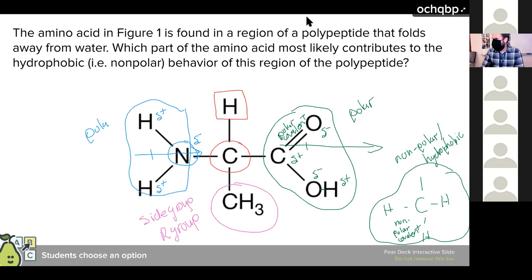Okay. Well, all of this matters to us as biologists, right? Because when you look at an amino acid, all the parts of an amino acid, except for that side group, are the same. In fact, when you put amino acids together, they are the monomer of a protein. To build a larger polymer, the only part of the amino acid that isn't interacting in the formation of those bonds is the side group.